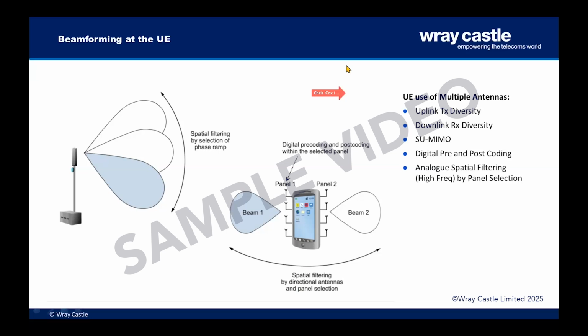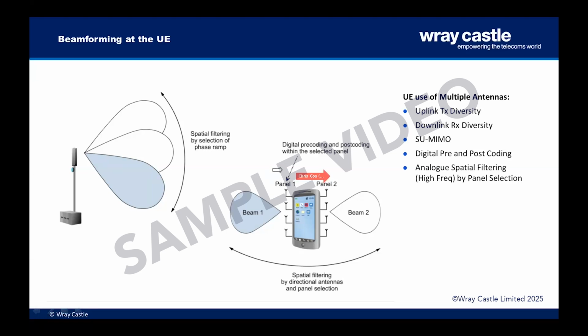This is the typical scenario. We would set up separate antenna panels upon the mobile and have the mobile switching from one panel to another as its orientation changes.